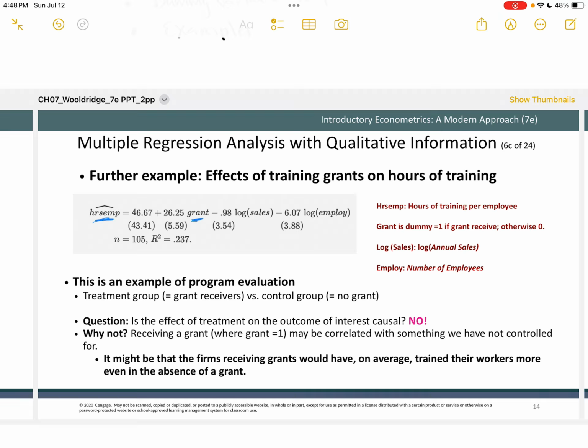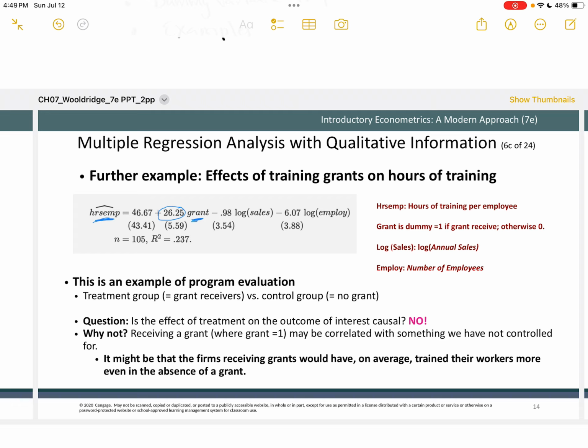So is the effect of the treatment on the outcome of interest a causal effect? The answer is no, this is not a causal effect. If so, how do we interpret this plus 26.25? If a grant is received compared to otherwise, then hours of training per employee increases by 26.25 hours on average, holding all else constant. Now, why is this not a causal effect?